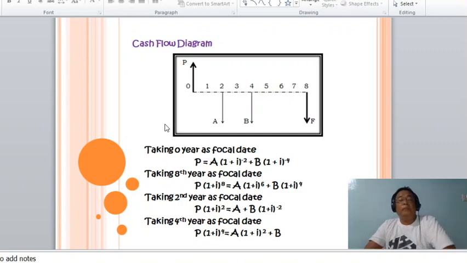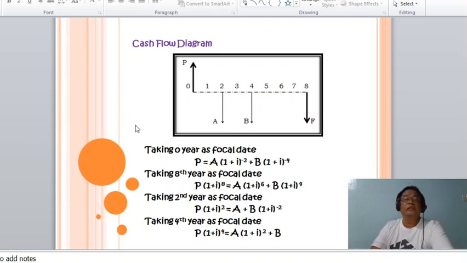Why negative 4? Because that is 4 years from 0: 1, 2, 3, and 4. Another consideration: you can solve problems in equation of value using different focal points.